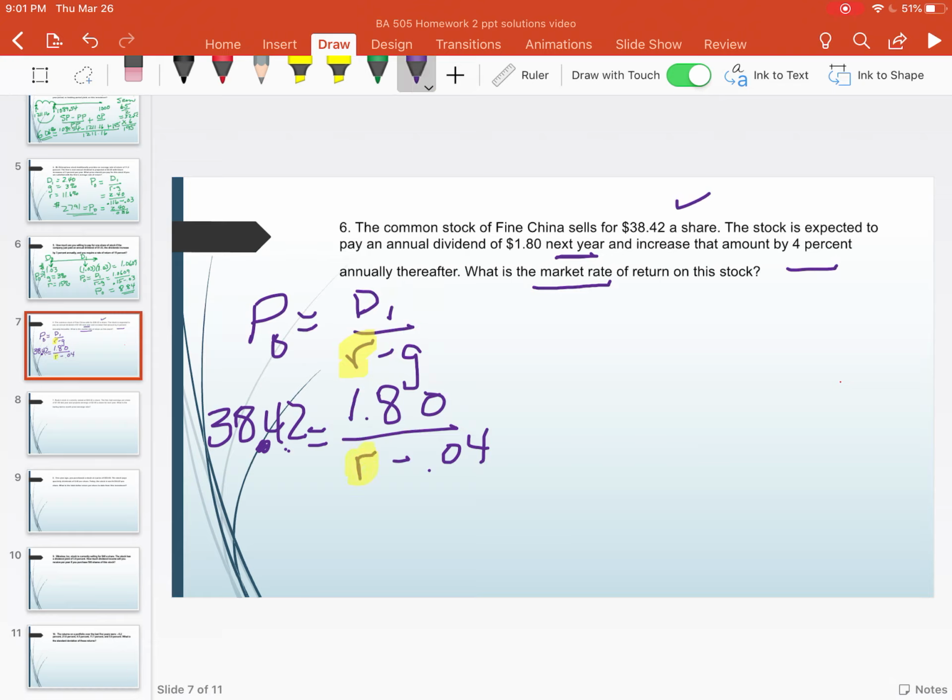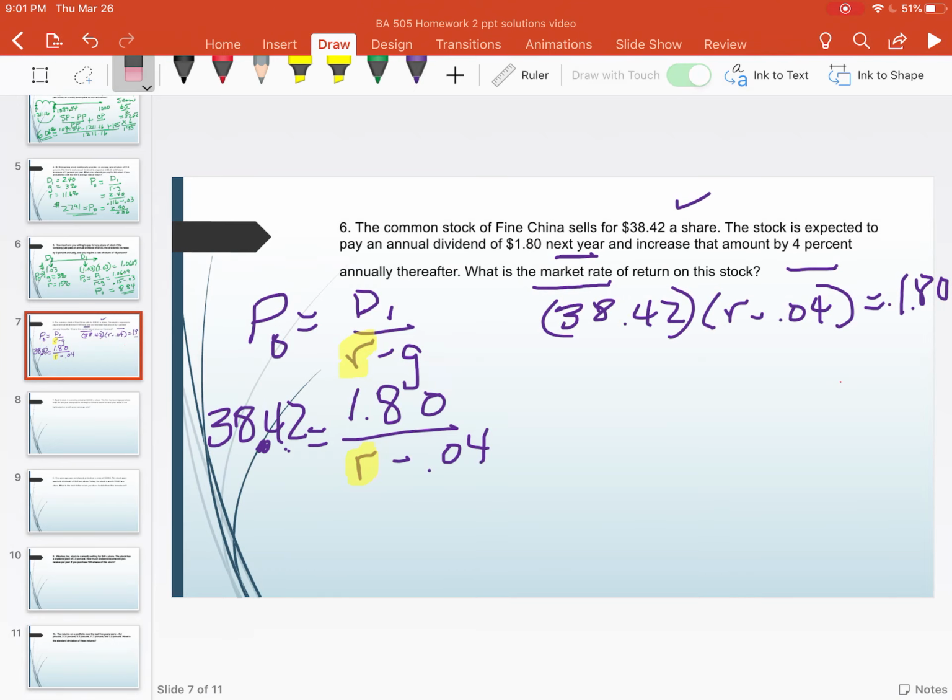So to get that by itself, of course, we have to multiply the denominator times 38.42. And so this is going to look like this: 38.42 times R minus 0.04 is equal to $1.80. Didn't mean to underline that.